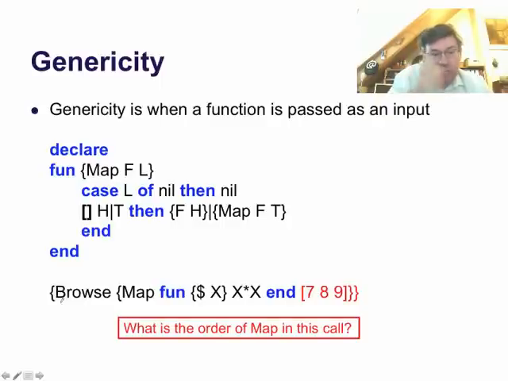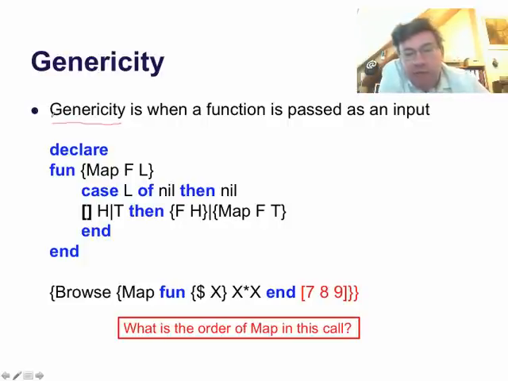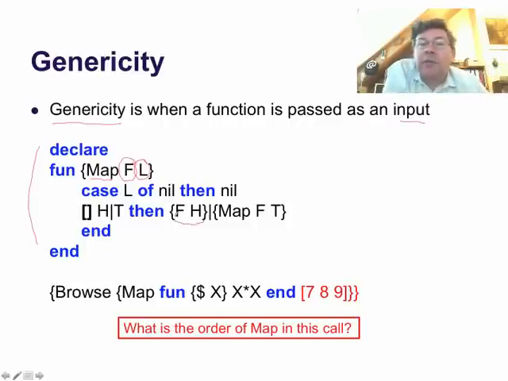So the first example is a simple concept called genericity. Genericity in general is simply passing a function as input. So here's a simple example. We have the function map, which takes f, another function, as input and a list, and applies the function f to all elements of the list and returns a list which has the values of all these function applications.